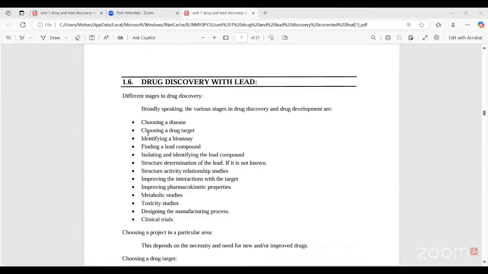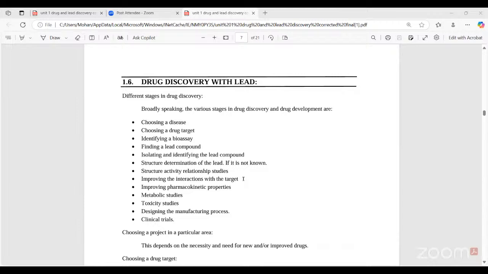Then choosing a drug target, identifying a bioassay, finding a lead compound, isolating and identifying the lead compound, determining the structure of the lead if it is not known, SAR and QSAR studies, improving the interaction with the target, improving the pharmacokinetic properties, metabolic studies, toxicity studies, and designing the manufacturing process and clinical trials.